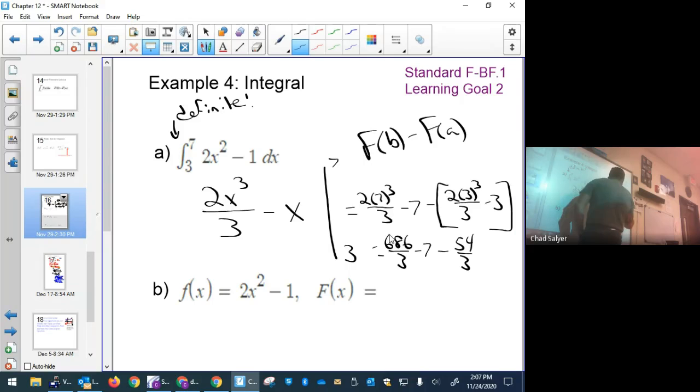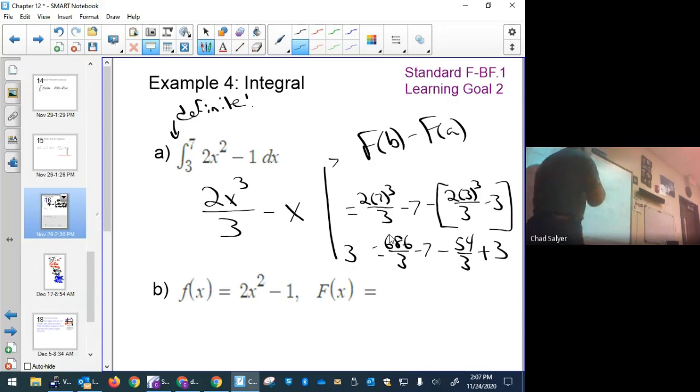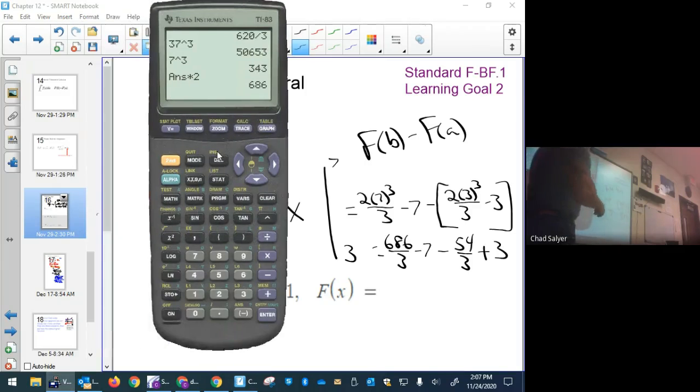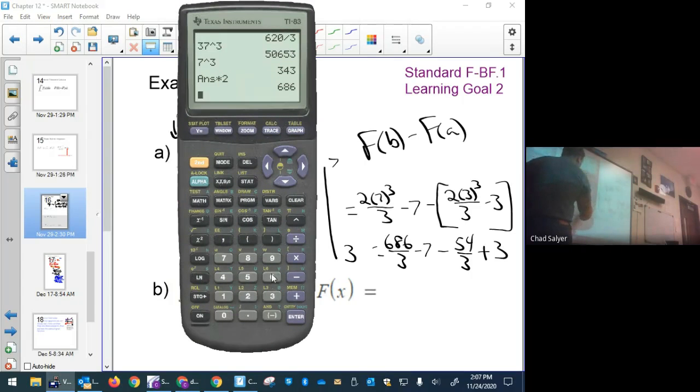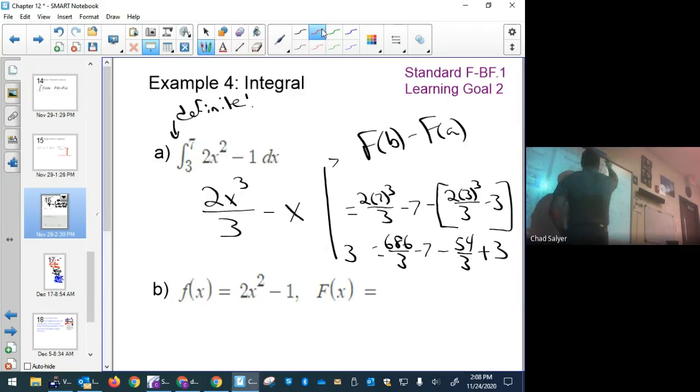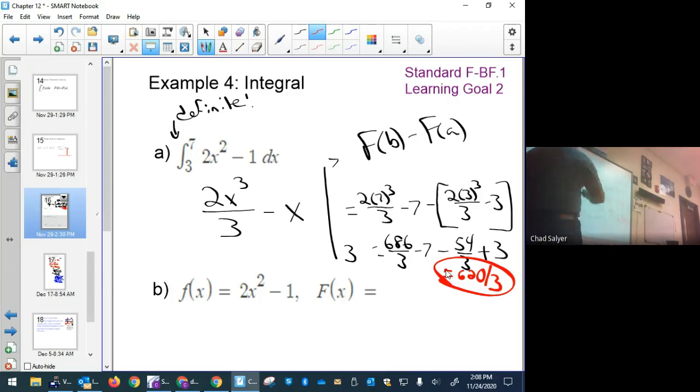And then negative times negative is positive. I'll plug that in the calculator again, because there's a lot of room for error there. And then I'm going to hit math, enter, enter, to get 620 over 3. So that's my answer.